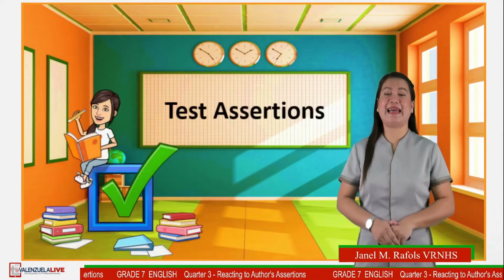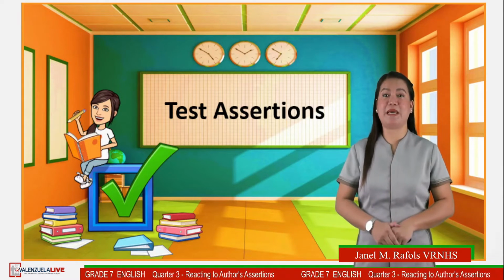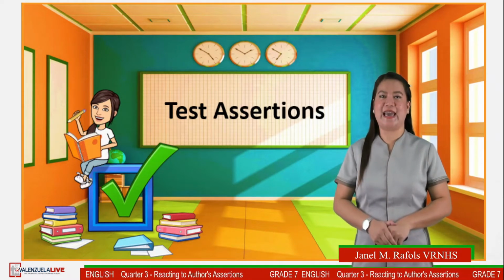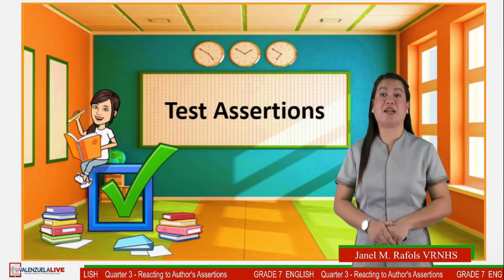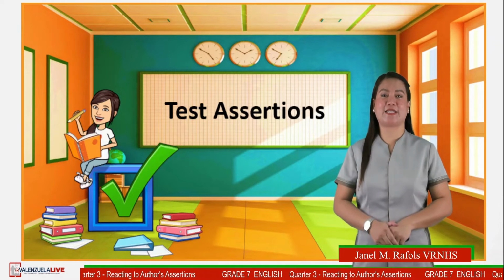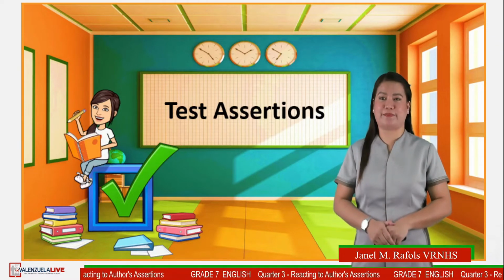Fourth, test assertions. Assertions must be plausible, if not totally convincing, and they must also be backed up by evidence. Look in the text for evidence to the contrary of what you assert.